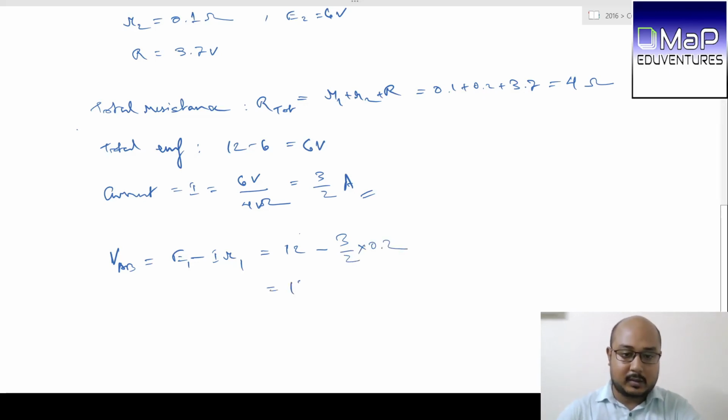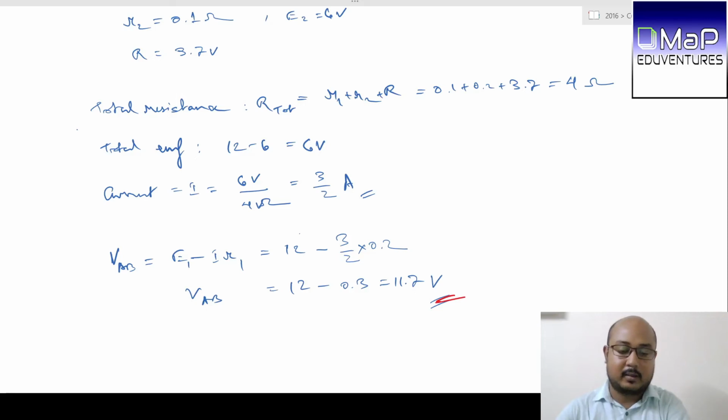Okay, so this gives us 12 minus 0.3, that is 11.7 volt. That is the voltage between the terminals A and B. Okay, so our final answer is 11.7 volt. So this is the answer to question number 2D.